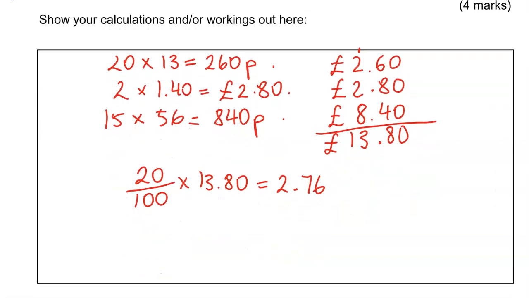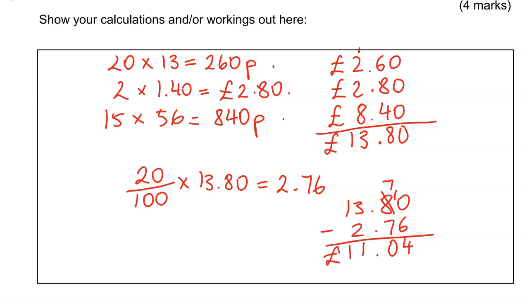So if we take that away from the £13.80, we get 10 take away 6 is 4, 7 take away 7 is 0, 3 take away 2 is 1, 1 take away 0 is 1, so £11.04.